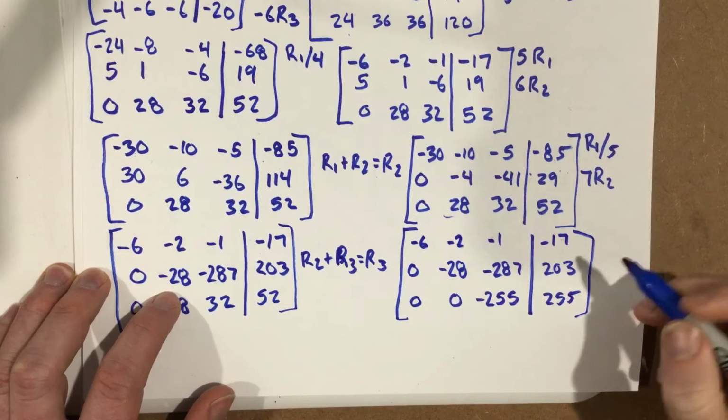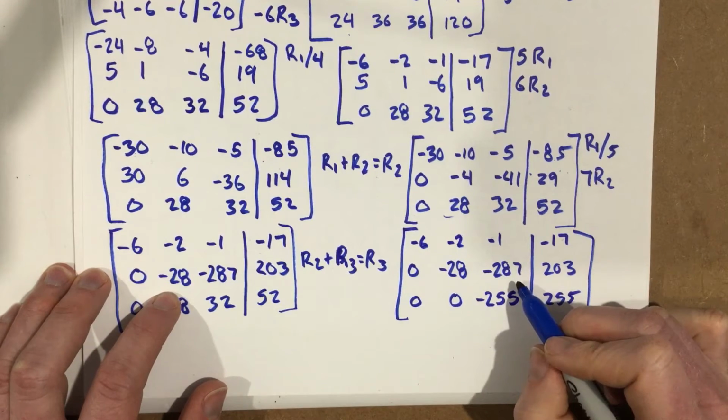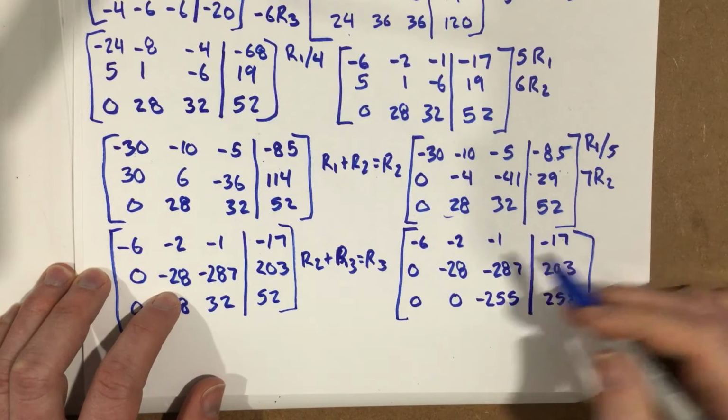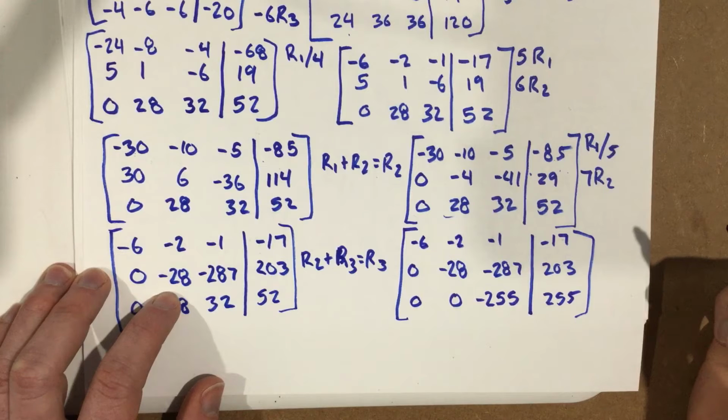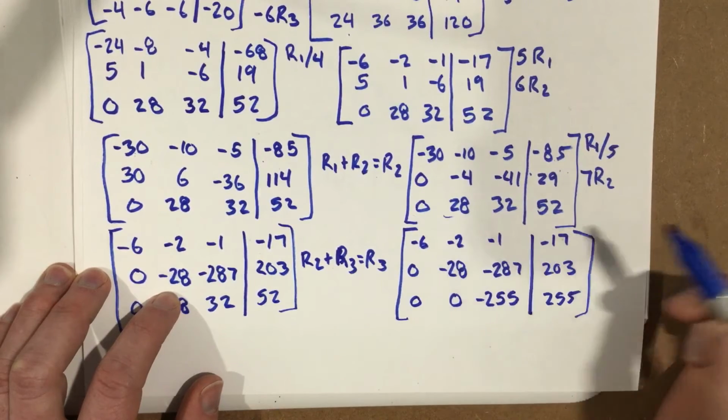My next step is I'm going to divide this row by negative 1, and I'll multiply the top row by 14.